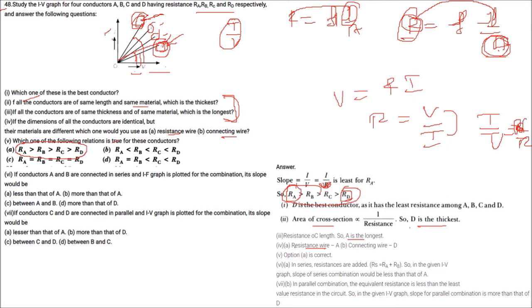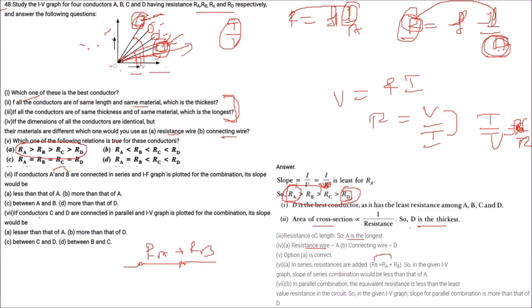So in this given IV graph, the slope of the series combination would be less than that of A. Because A and B are connected in series, RA and RB will be added. The resistance increases, so the resultant will be greater than A, which showed the highest resistance. So this will be the graph: the slope of the series combination will be less than that of A.